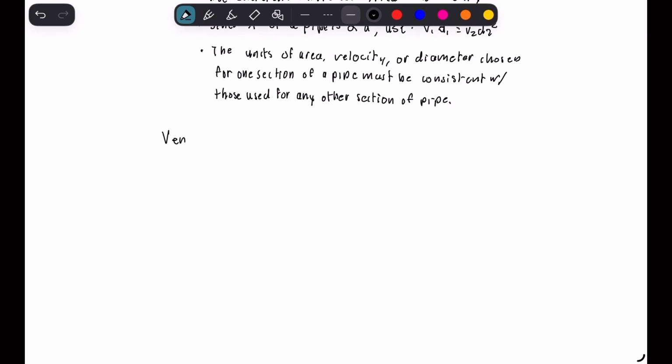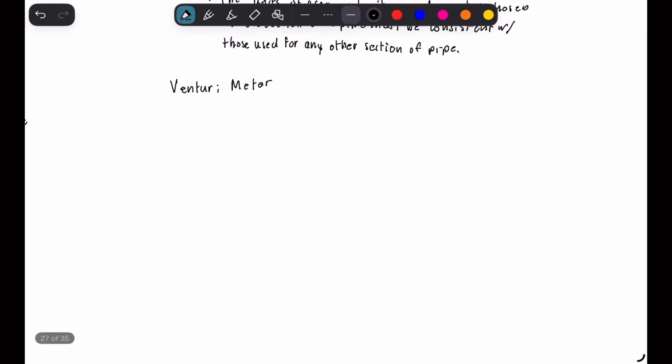Now let's talk about the Venturi meter. So let's say that you have a setup with tubes like this.